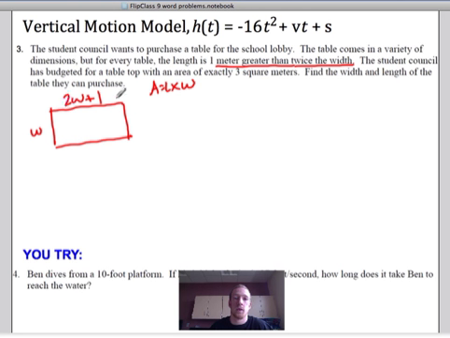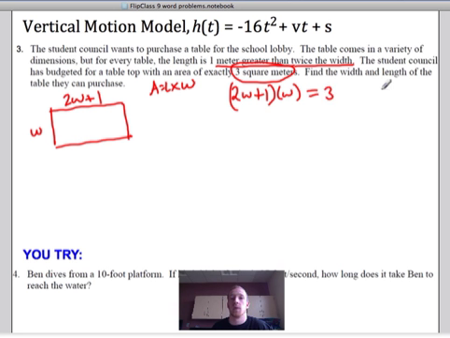So this is our length, this is our width. So width times length gives us the area. So we want the length times width to equal 3 square meters. So we want to set that equal to 3.